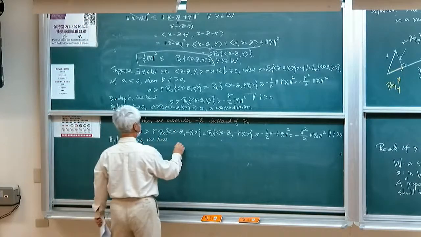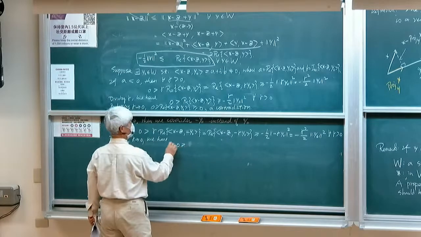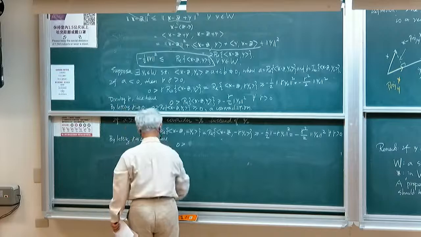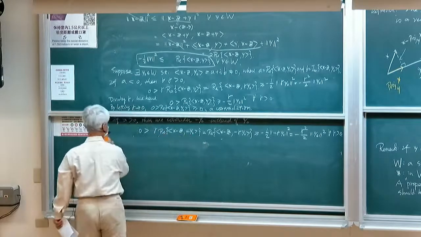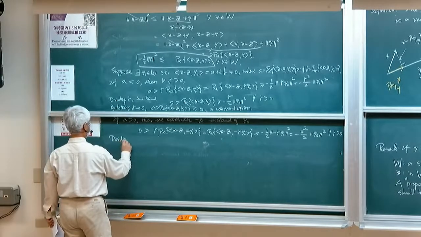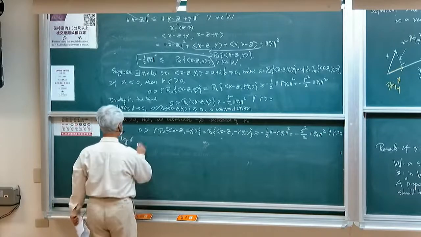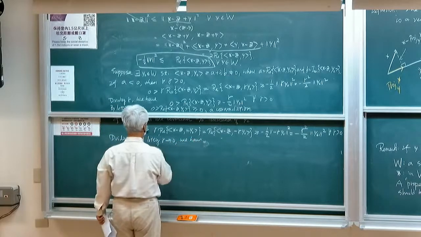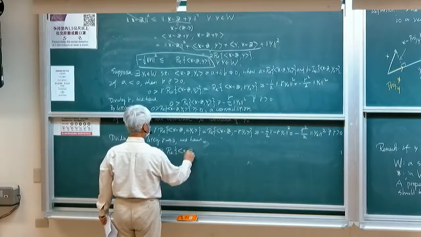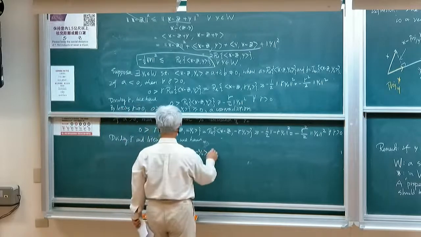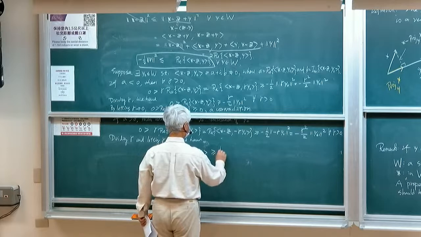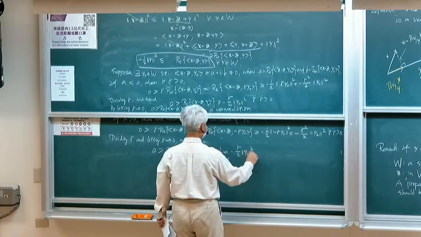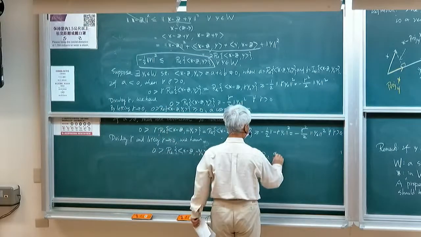So we have 0 going to the real part, in the limit as gamma goes to 0, which is 0. Again, a contradiction.